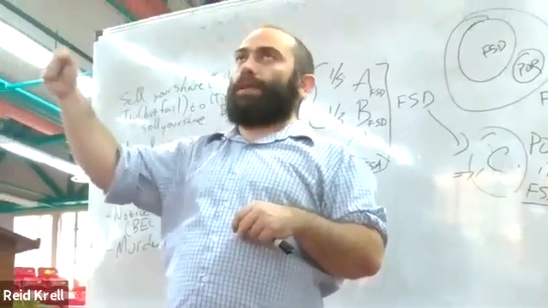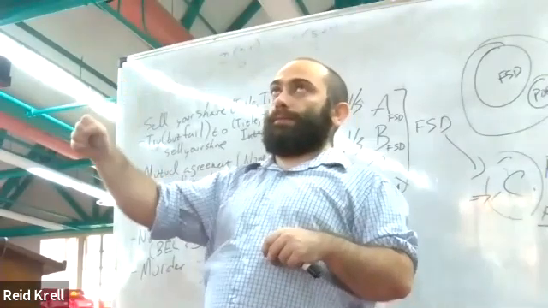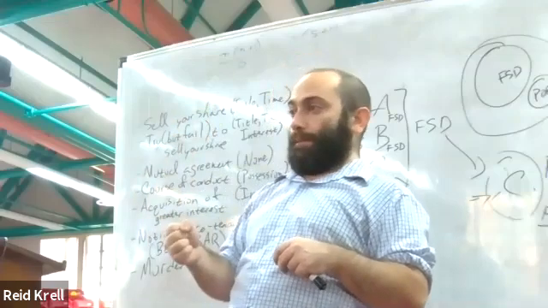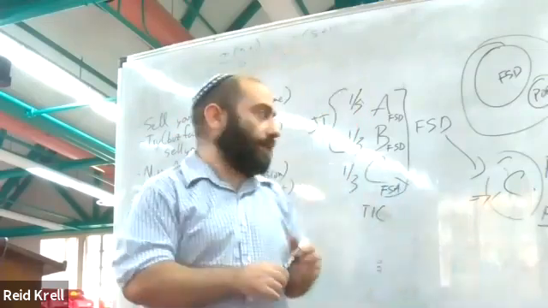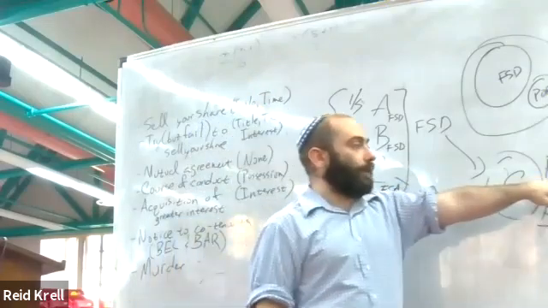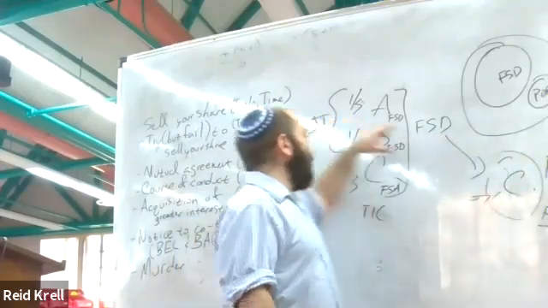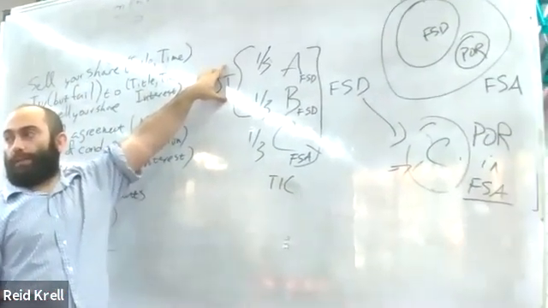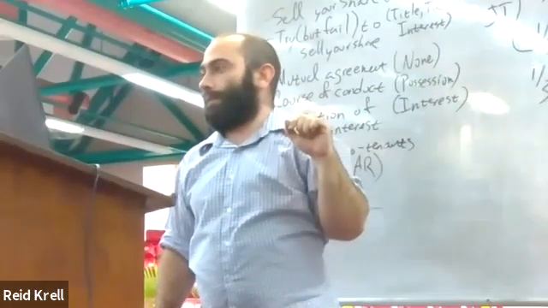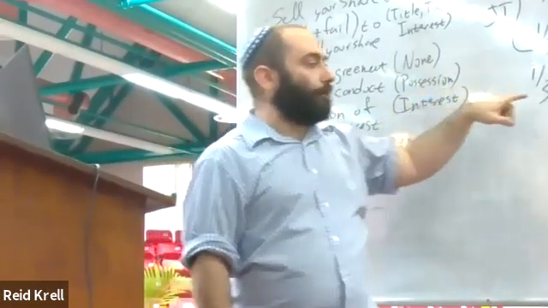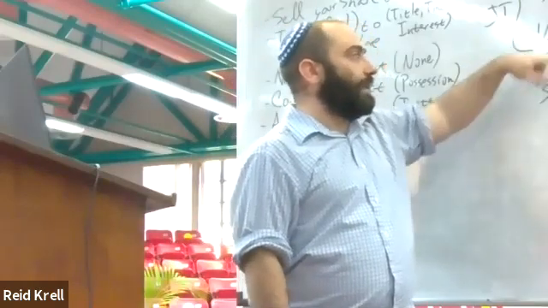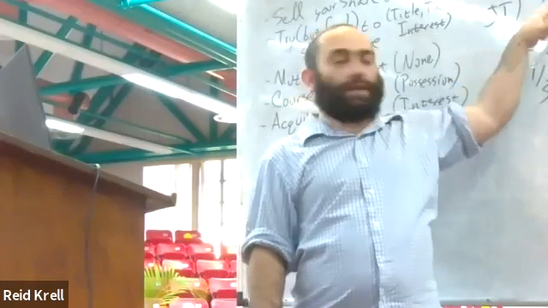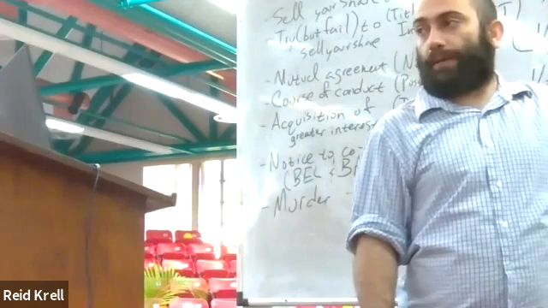So maybe the better rule is you can only have one future interest at a time. Because remember, the possibility of reverter still exists in this case as to the 2/3 share of the joint tenancy. C doesn't own the possessory interest in this 2/3 share, but they own the future interest for the whole property.